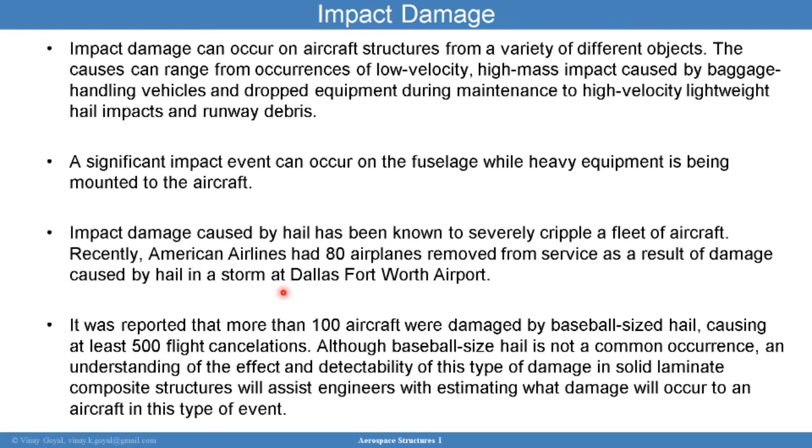A significant impact event can occur on the fuselage while heavy equipment is being mounted to the aircraft. And that happens. Impact damage caused by hail has been known to cripple a fleet. Recently, American Airlines had 80 airplanes removed from service as a result of hail damage at Dallas-Fort Worth Airport.